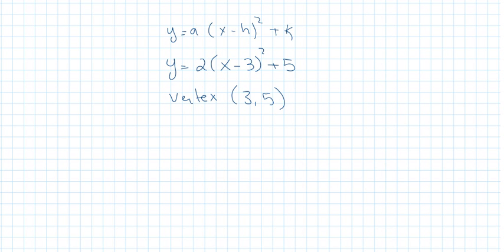So, remember that if it's written in that format, I can right away locate my vertex. And remember that whatever is inside the brackets, it's the opposite sign, right? So if I give you another example, y equals negative 5(x plus 1) squared plus 3, what would be your vertex here?